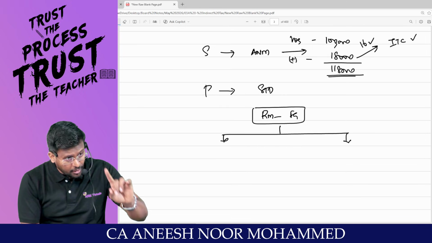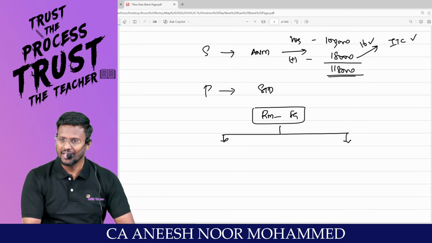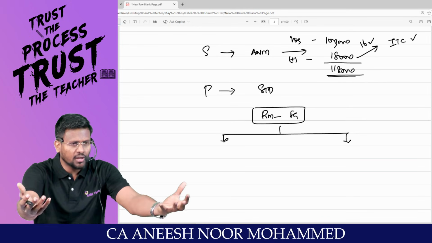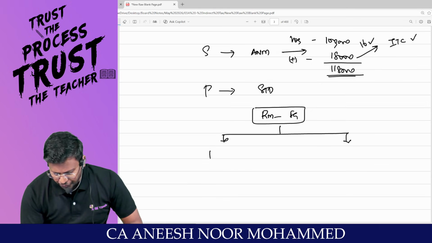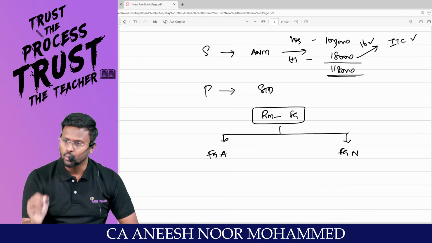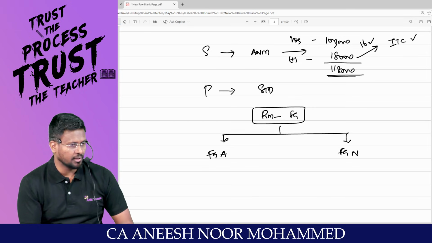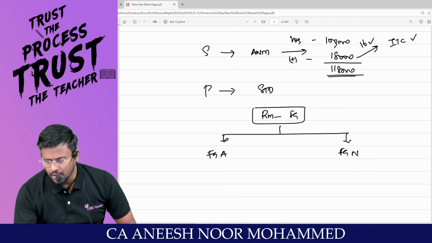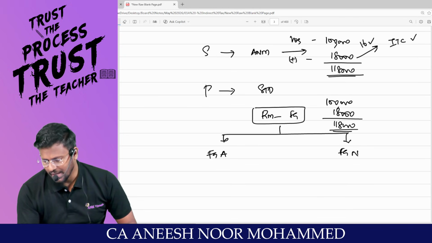Or with this one raw material, at different times I can manufacture two different products. That means for two outputs, I am going to use the same raw material. The finished goods A and finished goods N are the two finished goods you have manufactured with the raw material. What is the value of the raw material? 1 lakh. For this raw material, how much GST did you pay? 18,000. In total you paid 1 lakh 18,000.